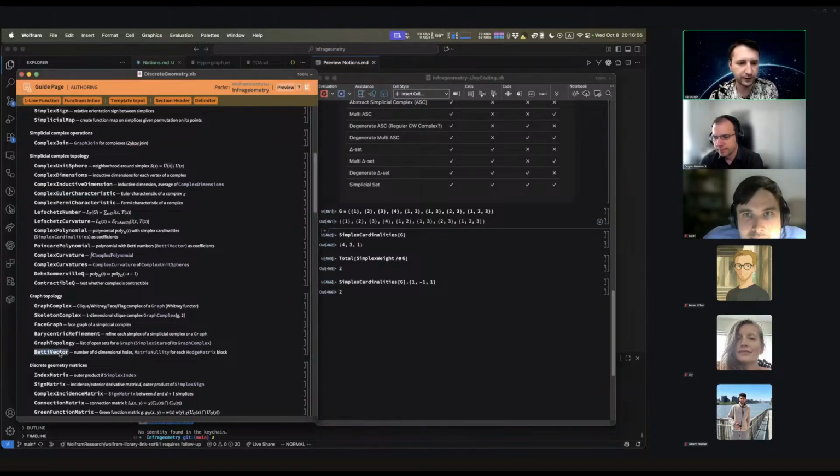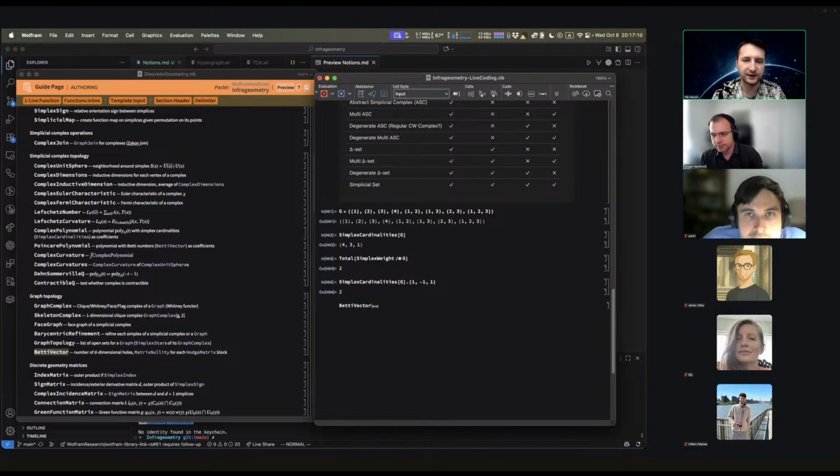You can also compute it like this Betti vector that doesn't count things in the complex, but actually computes some linear algebraic property, like the kernel dimension of some particular matrix that you can construct. Let's actually try it and see whether it works. So this is some matrix, right?